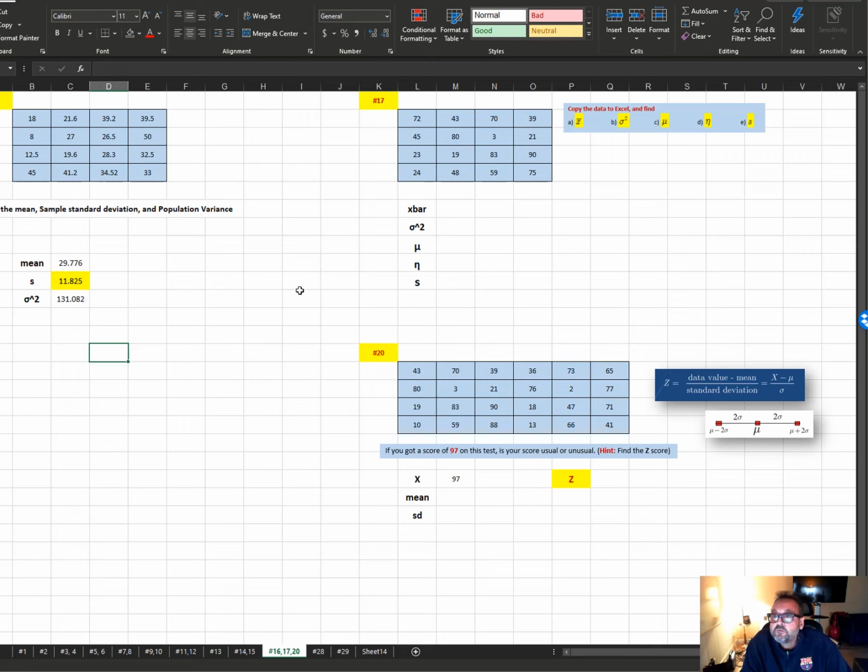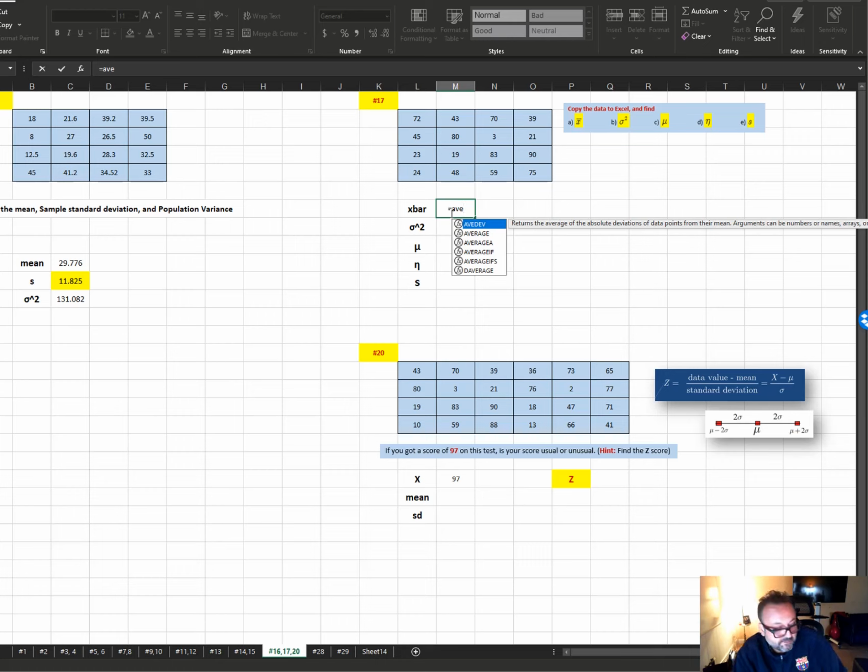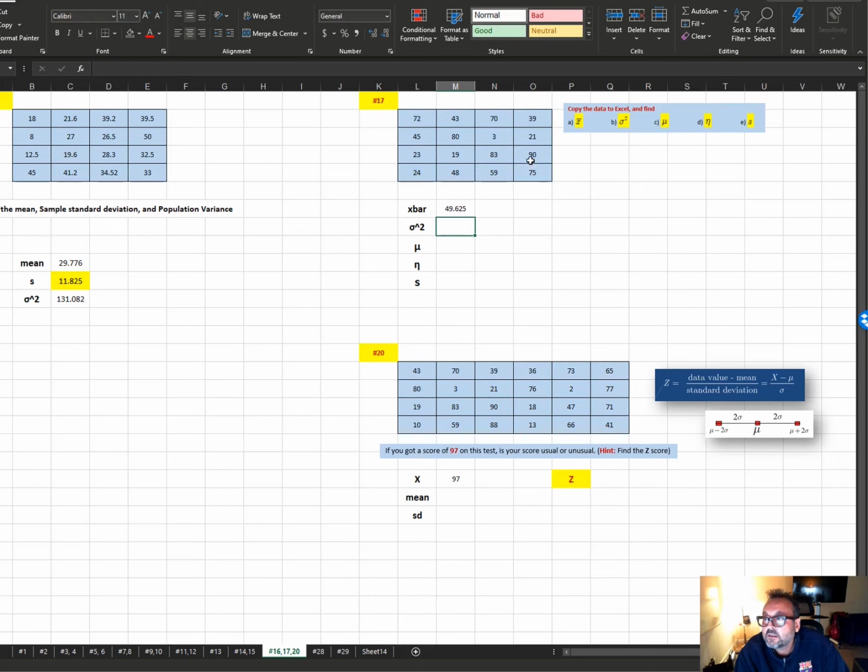Alright, so let's move on to number 17. It wants us to calculate x bar, and again, x bar is the sample mean, but it doesn't matter whether it's sample mean or population mean. I just type the command average, select the numbers, there's my average. Calculate sigma squared, that's population variance, so it's var.p.